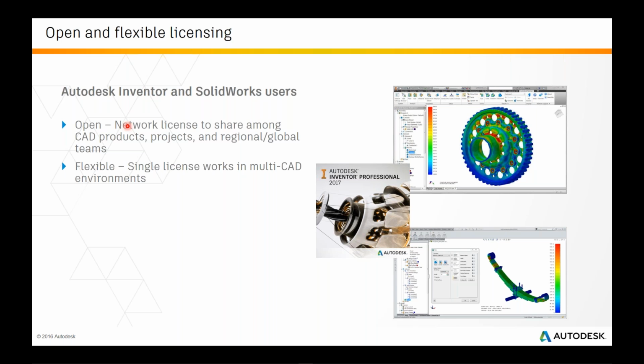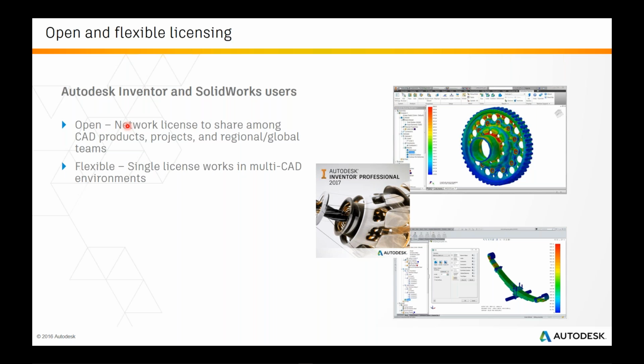A company or organization can have both flavors of CAD systems, Autodesk Inventor or SolidWorks, and this single license can be shuffled among the users. So it comes as a single network license and works with a multi-CAD environment. So it's open and flexible licensing.